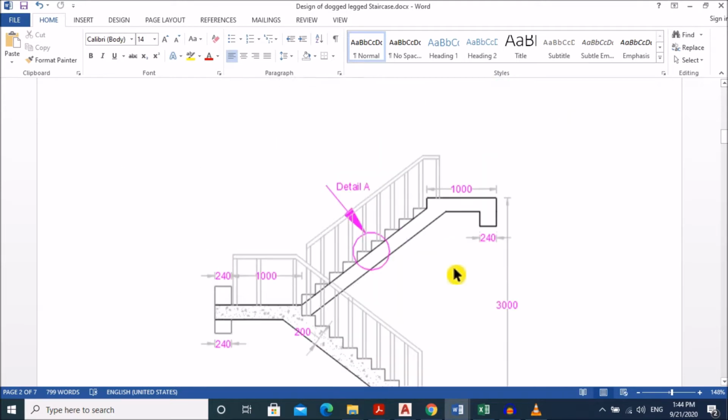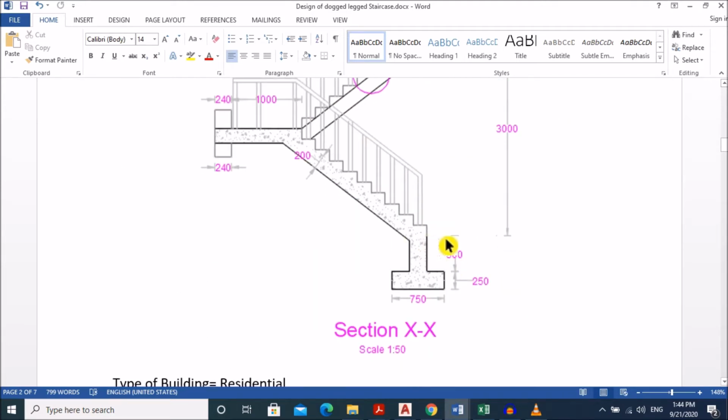It means there are 10 risers, 1 2 3 4 5 6 7 8 9 10, and 9 treads, 1 2 3 4 5 6 7 8 9.